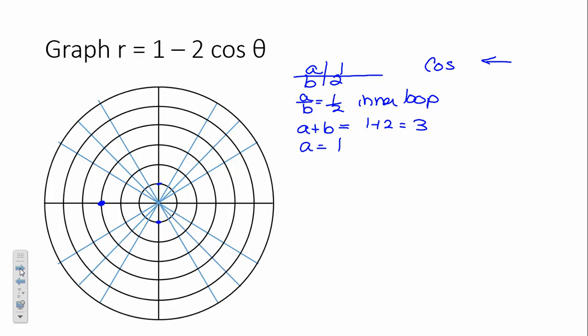And then we're going to do what? Subtract, right? So it's A minus B. Negative 1, right? 1 minus 2 is negative 1. And since A minus B is negative 1, we're coming inside the Limaçon. So this is going to be where our inner loop goes.